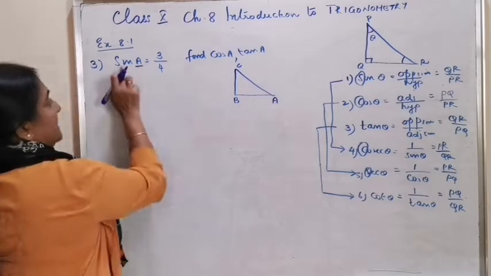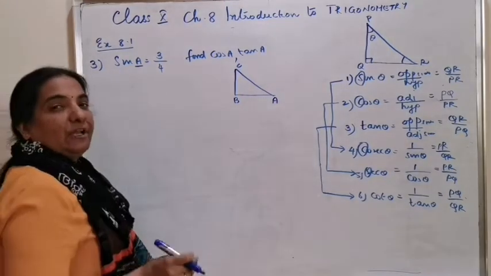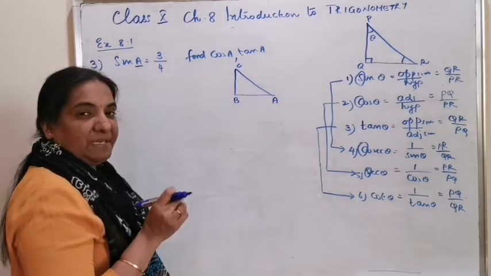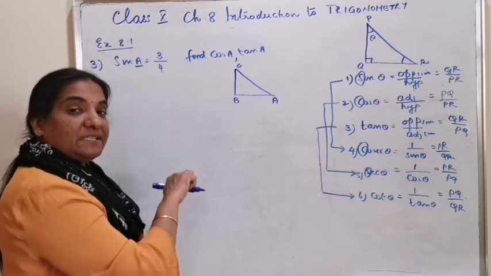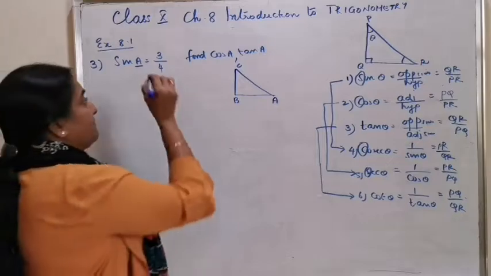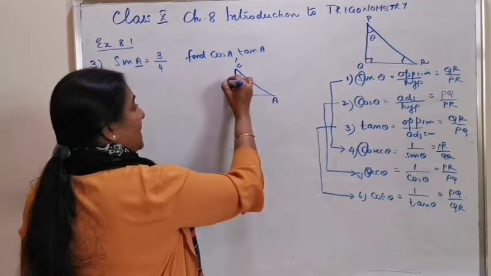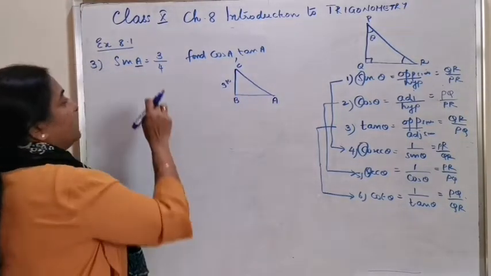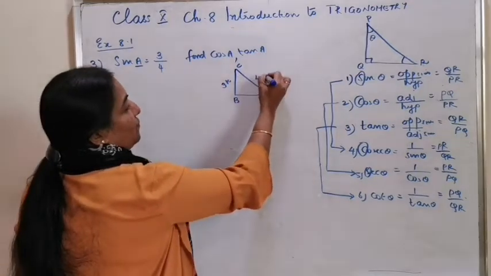Next step. The value of sine A is given. That means for angle A, opposite side by hypotenuse is 3 by 4. Shows that if the opposite side takes the value 3k, the hypotenuse takes the value 4k.